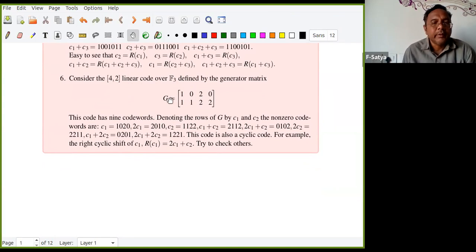We multiply this G with 00, 01, 02, 10, 11, 12, 20, 21, 22. I'll multiply all of them and get the words. So total 9 words will be there, and you can easily check that these are again a cyclic code.